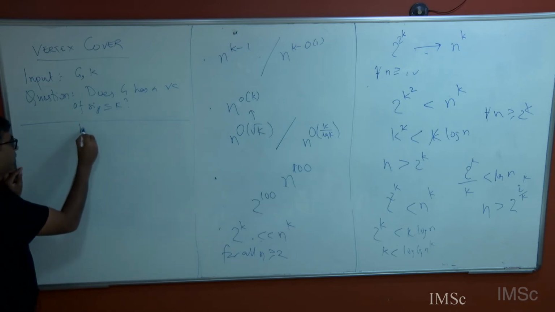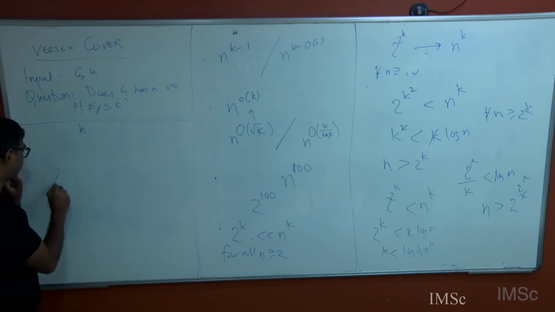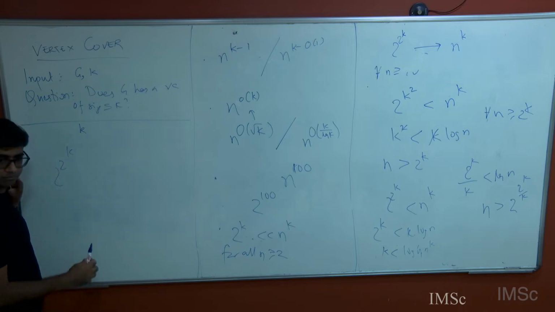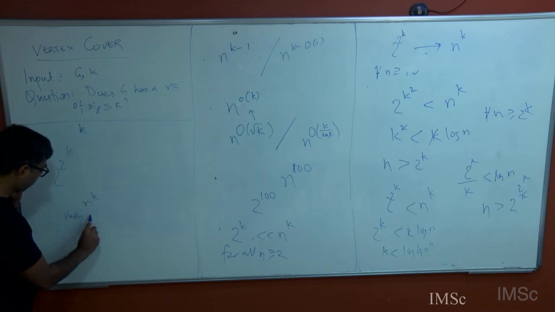You fix some number k, whatever that is, and you write some function. Now I vary n.